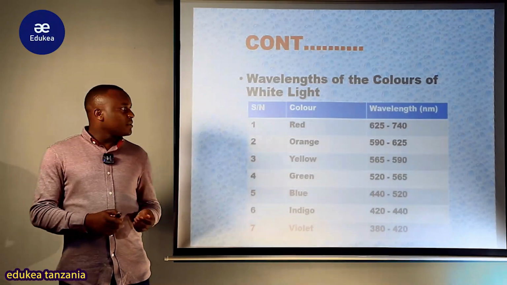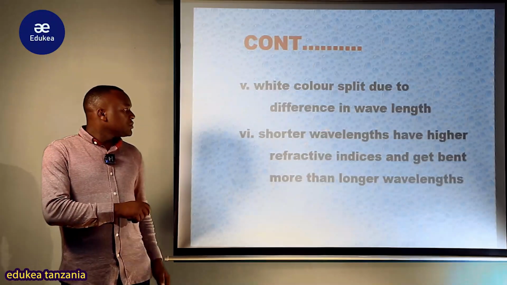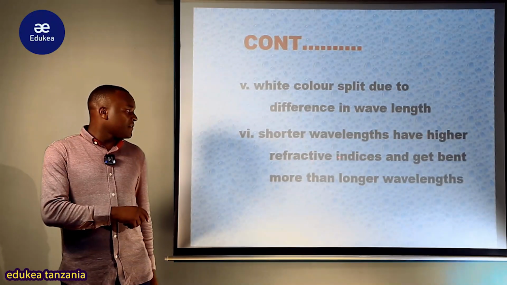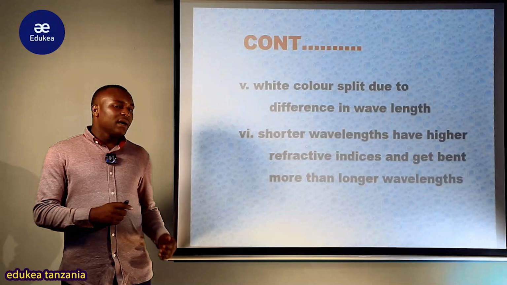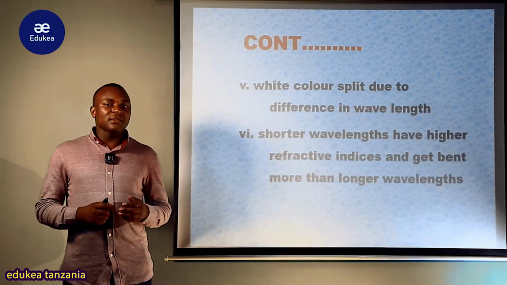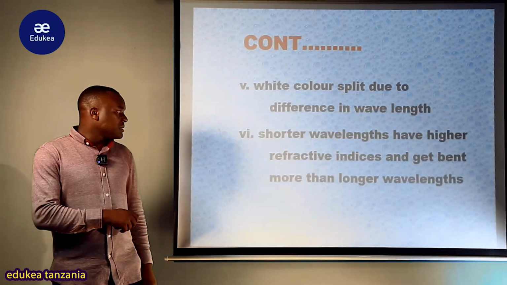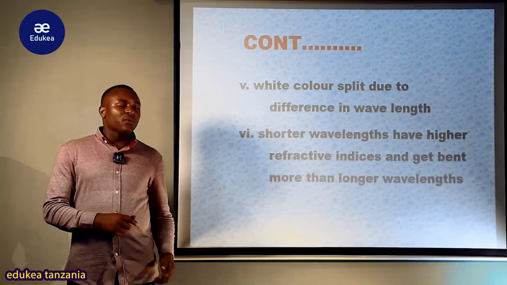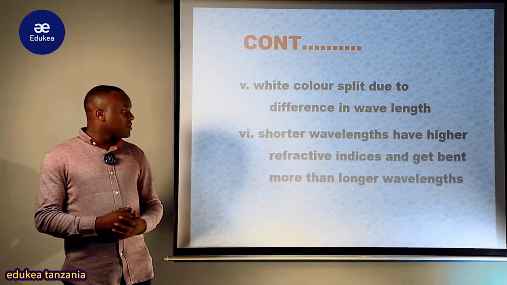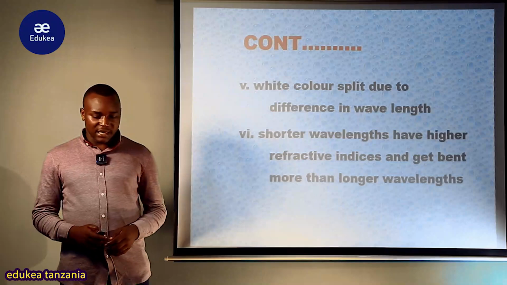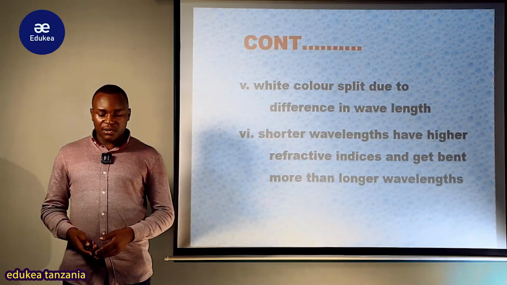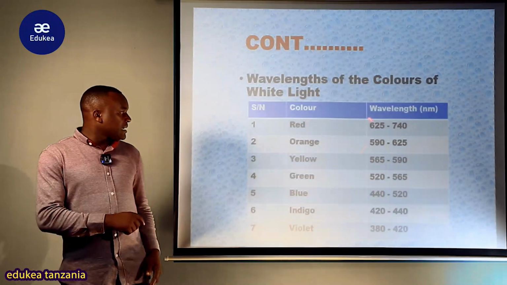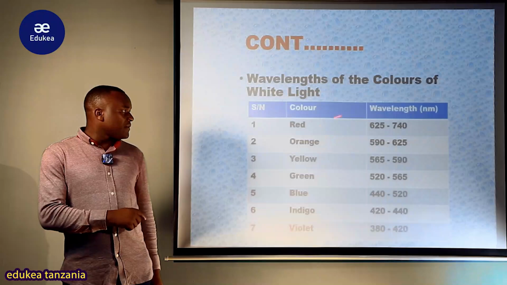So you have to know that shorter wavelengths have higher refractive indices, kwamba zile colors ambazo zina shorter wavelengths zinakuwa na refractive index ambayo ni kubwa sana. And by saying so, tumeangalia hii table ambayo inaonyesha hizo wavelengths.